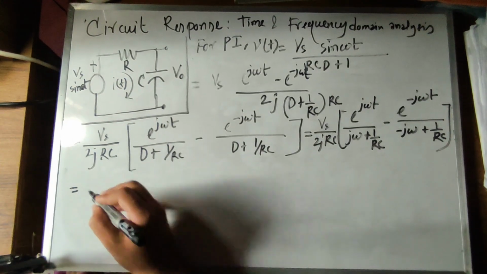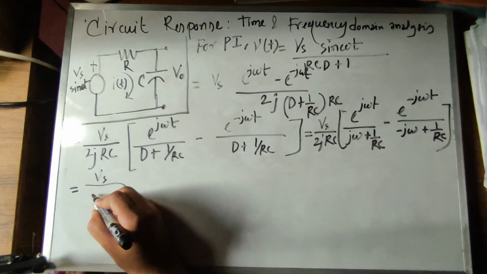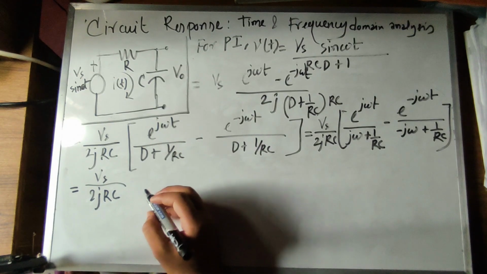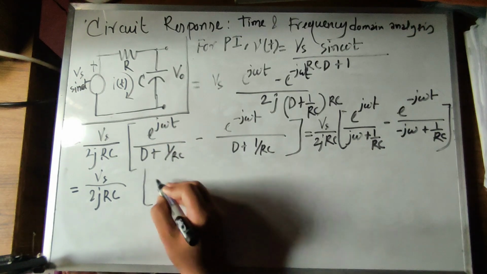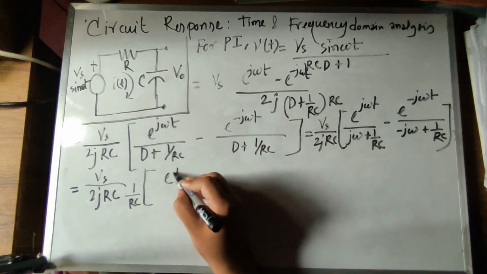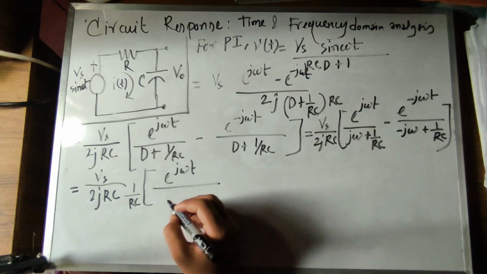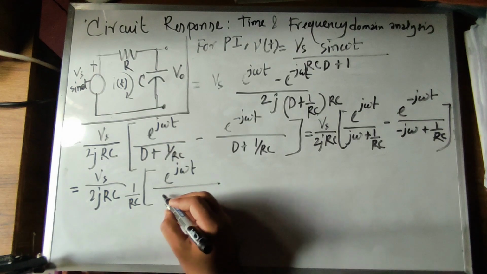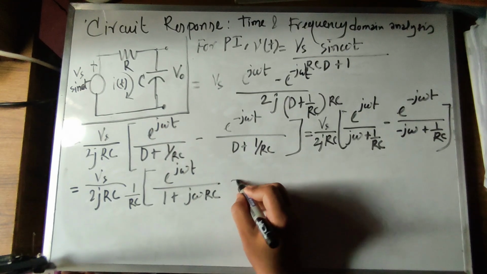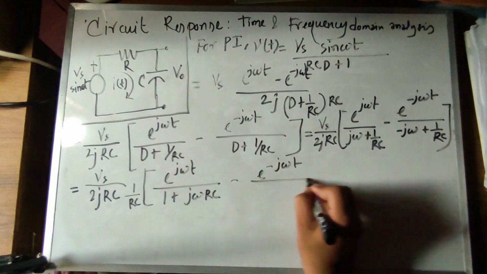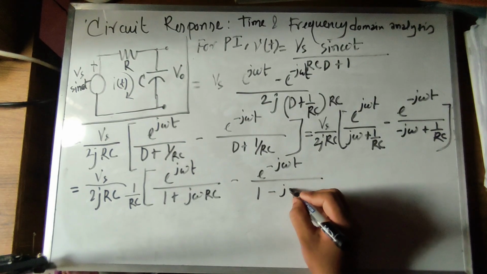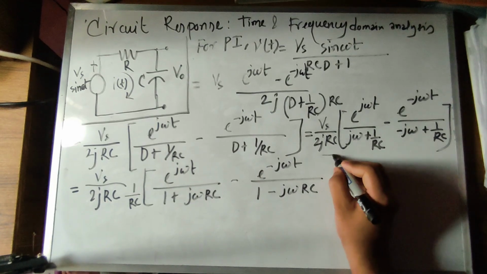This is the case. So now v is by 2j RC. Let me common out 1 by RC, which will give 1 by RC, e to the power j omega t by 1 plus j omega RC, minus e to the power minus j omega t by 1 minus j omega RC.